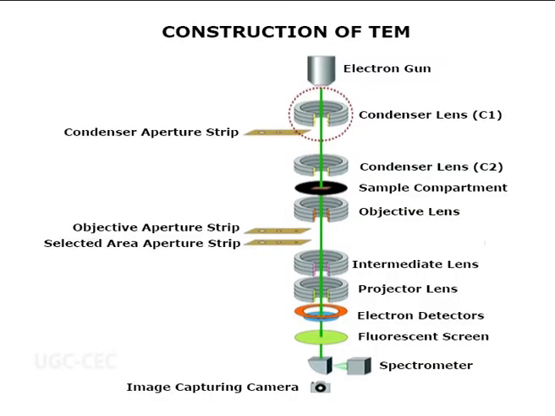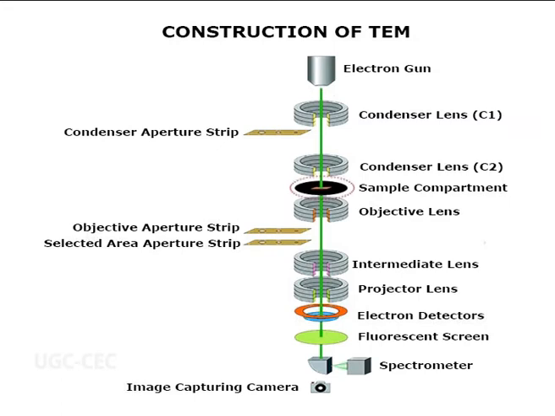The first lens determines the spot size that strikes the sample, and the second lens actually changes the size of the spot on the sample. A condenser aperture is a thin disc or strip of metal with a small circular through hole. It is used to restrict the electron beams and filter out unwanted scattered electrons before image formation.